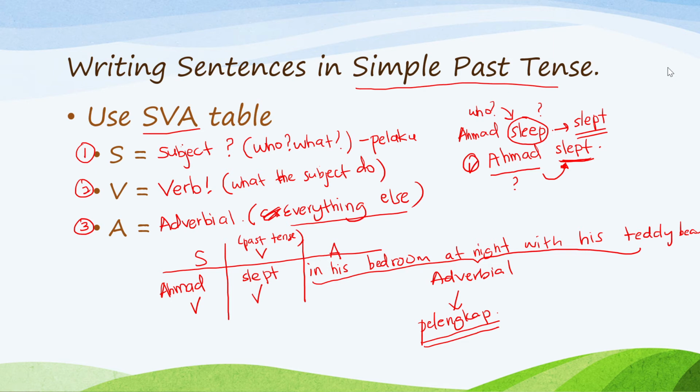Sebagai contoh, Ahmad makan. Okay, ayat ini tergantung tanpa pelengkap. Ahmad makan apa? Ya, dengan pelengkap, dia akan jadi ayat yang lengkap. Alright. I hope that explained everything. Now, let's see several examples that I prepared for you. Let's discuss together.